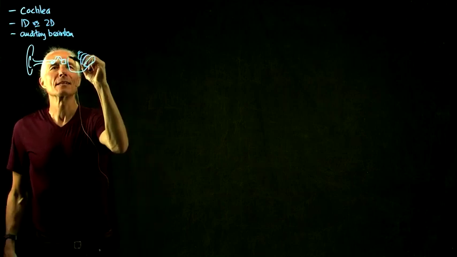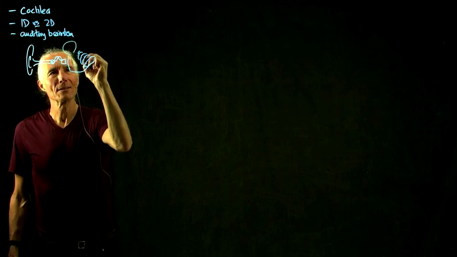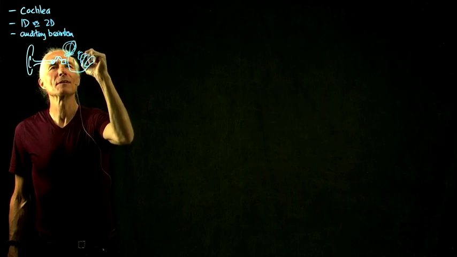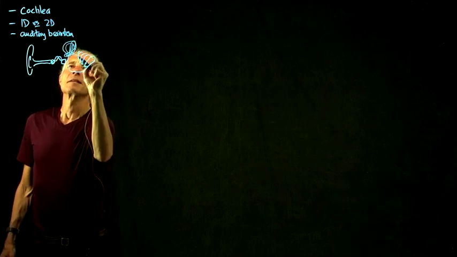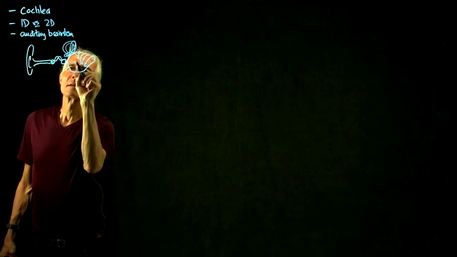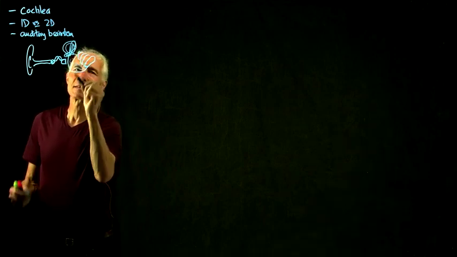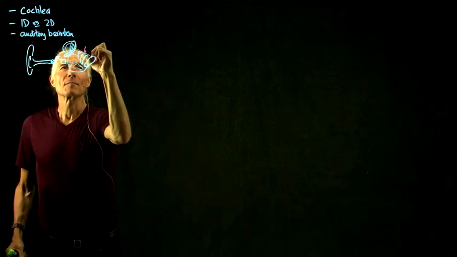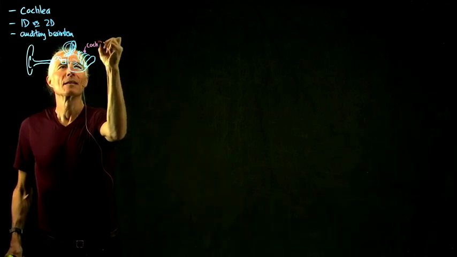Then it's got the semicircular canals, three of those and another one going this way, and then it's got the utricle and the sacculus also. We're going to talk mainly about the cochlea today.